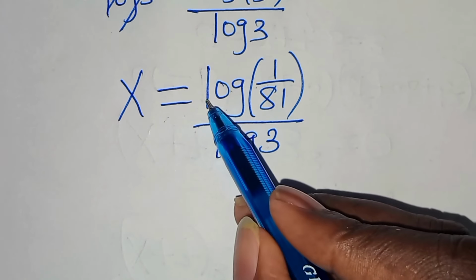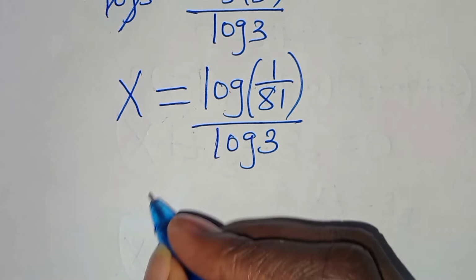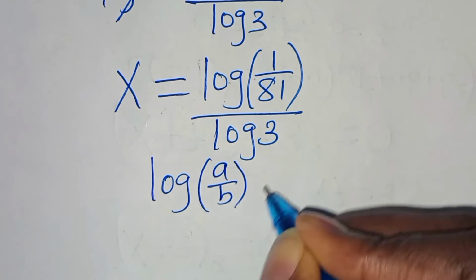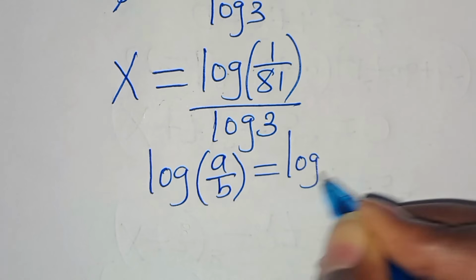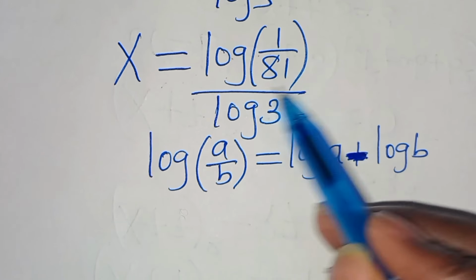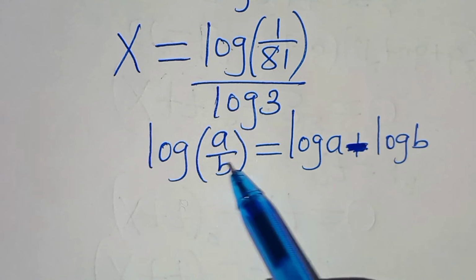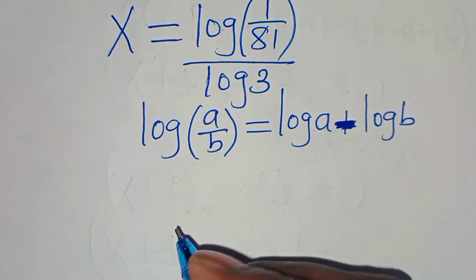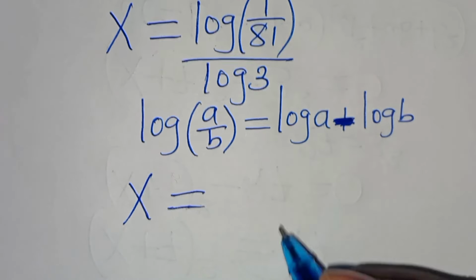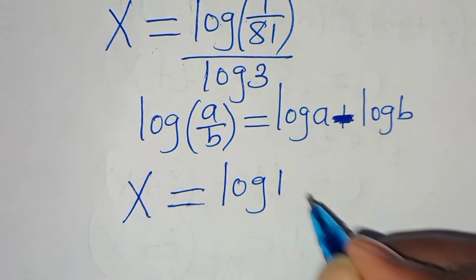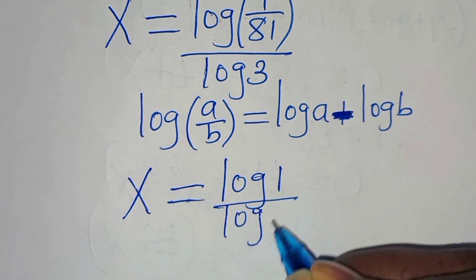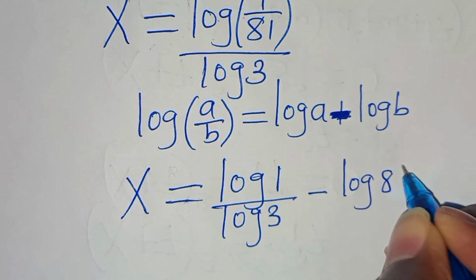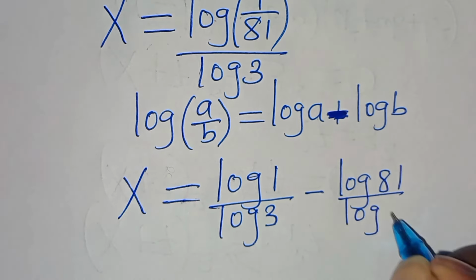The next step is that log 1 over 81, this is in the form of log a over b, which we can express as log a minus log b. So that now x here is equal to log 1 divided by log 3, then subtract log 81 divided by log 3.